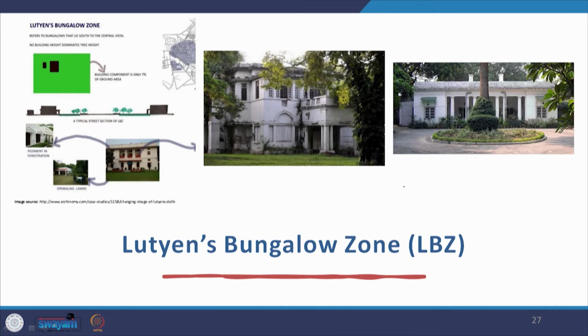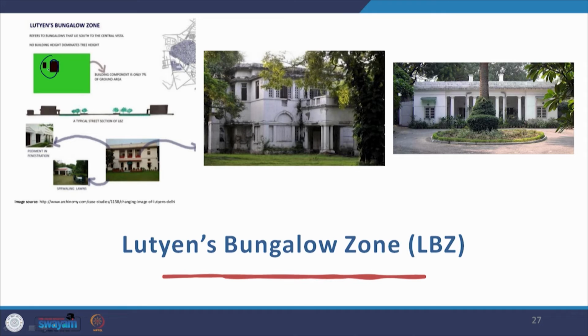Each bungalow has a very ample amount of space, as you know, there is a lot of talk about it, that very vast areas are occupied in the bungalow zone by these bungalows, and there is only 7% of the ground area of a site where the bungalow is placed, and there is an immense amount of greenery.